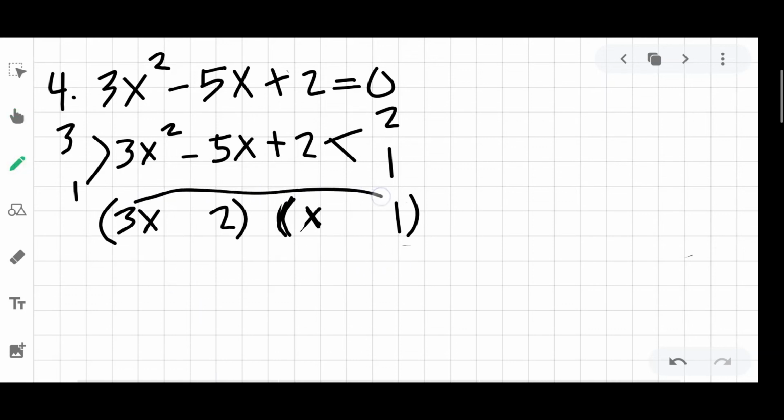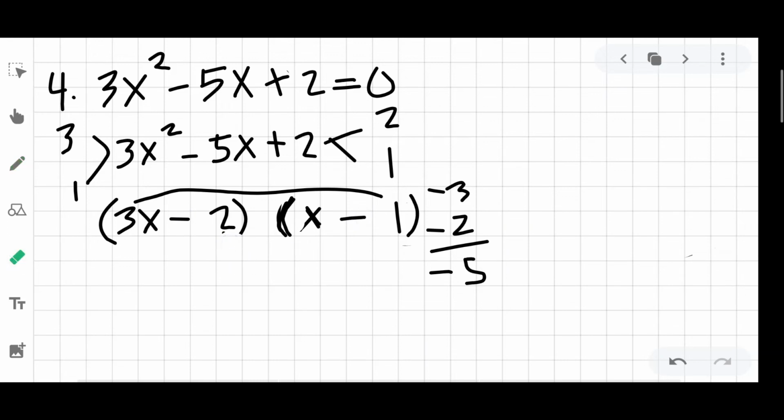So, 3 times 1, the answer is 3. 2 times 1, the answer is 2. Possible kaya na makakuha tayo ng negative 5 dito sa dalawa na to? Yes. So, para makakuha tayo ng negative 5, dapat parehas silang negative. So, magiging sign natin ay parehas negative.